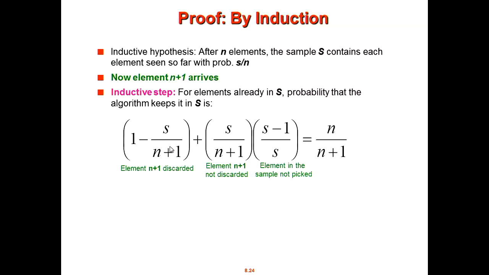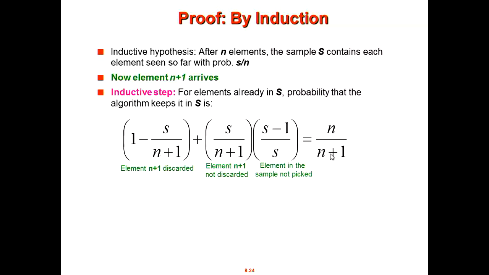The first part is that the new element is discarded. If it is discarded, all the elements in S will be kept. That's the first case. And this is the second case. For the second case, the new element is not discarded, and then the element in S is not picked out, with this probability. So you multiply the two probabilities. In total, this is the entire probability that this element in S is still kept in S after this new step.